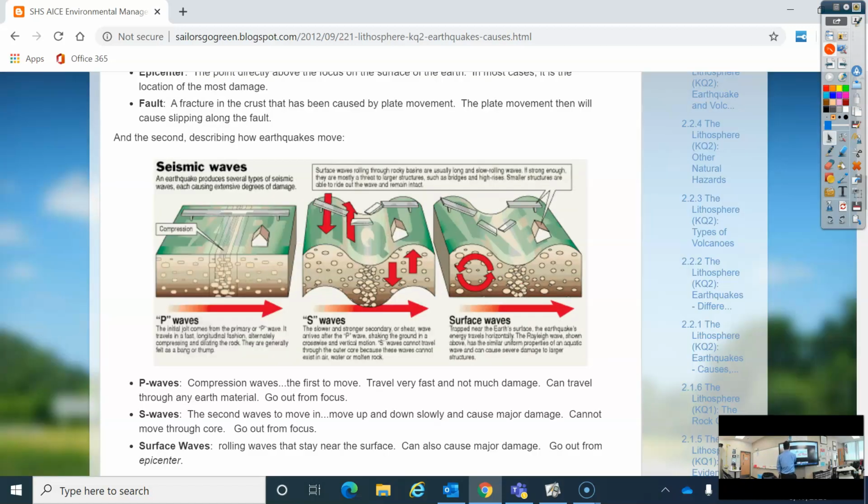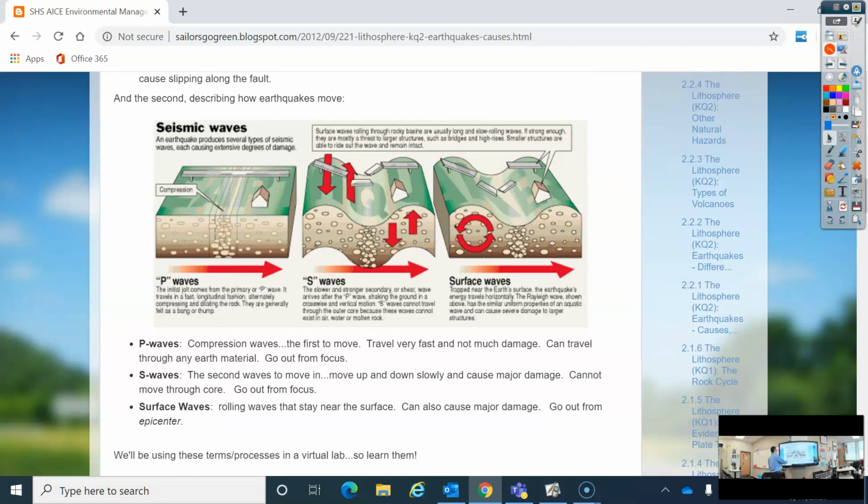So the first diagram is the P waves, and they move through very fast, and they don't have much damage. They can travel through any earth material, and they go out from the focus. So these are waves that start from the focus, and they will come first. They're not usually able to be detected because you really can't feel it. It's moving so fast. It's a compression wave.